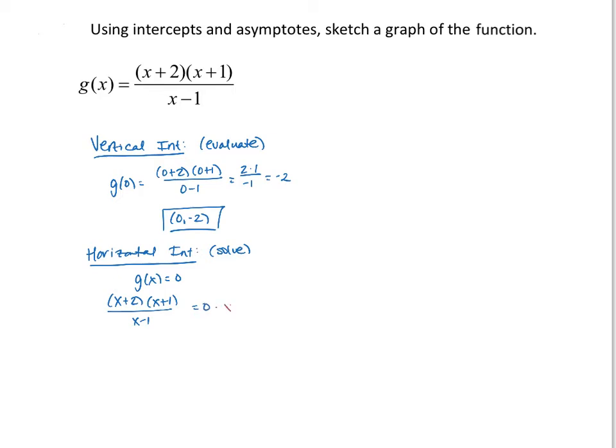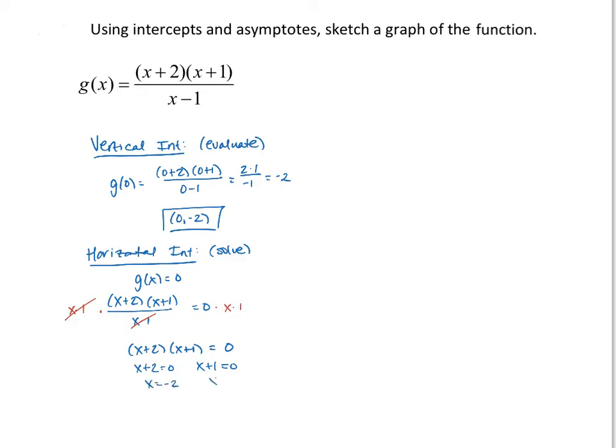If we were to multiply each side by x minus 1 to get rid of the fractions, we're still left with our x plus 2 and x plus 1 on the left-hand side, and 0 times x minus 1 is just 0. So when we're finding horizontal intercepts of a rational function, it's always going to be just setting our numerator equal to 0. Set each of these factors equal to 0 and solve for x.